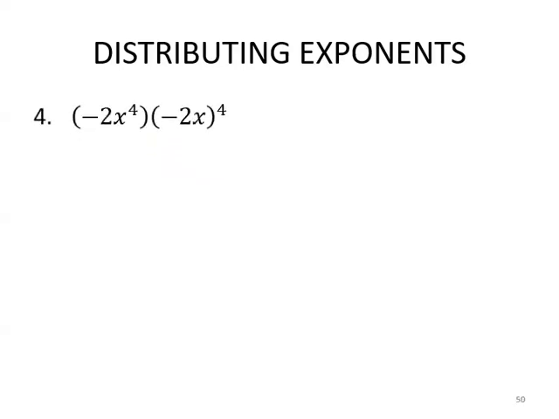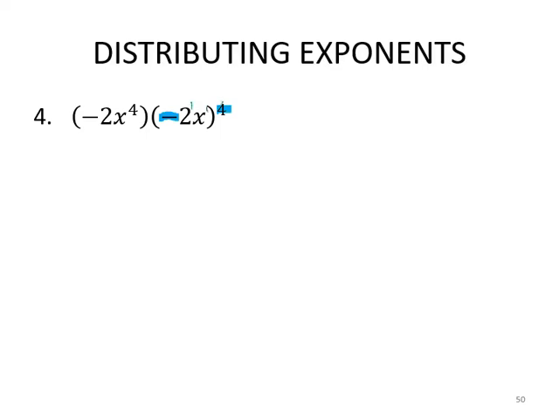What about here? Aha, you see, we have a negative here, and our exponent is an even number. So that negative will just change and become positive. Then you apply the distributive property like you normally do. So there is 1 here, there is 1 there, there is 1 there.